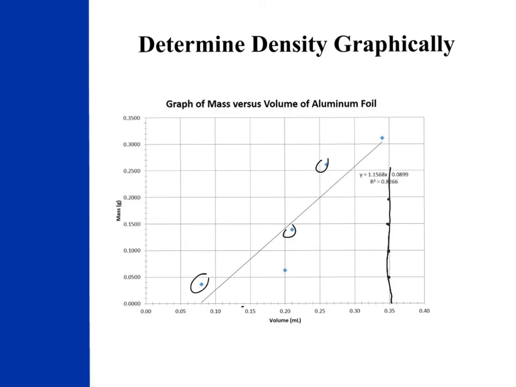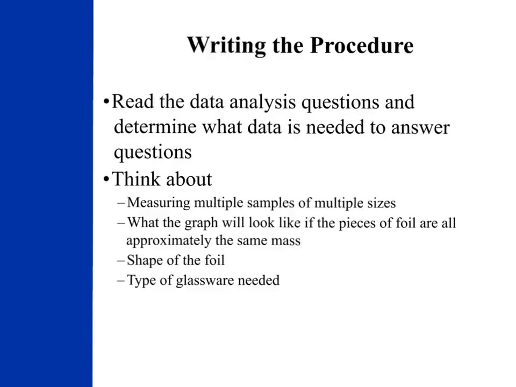The same is true as if your mass is not changing. You don't want to form a straight line. You want to make sure that you pick pieces of aluminum foil that are different sizes, so that you can have a different mass reading through each one of your measurements.